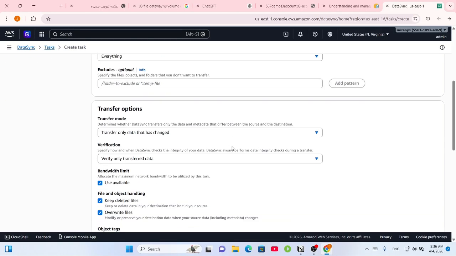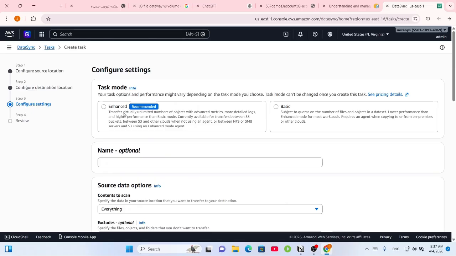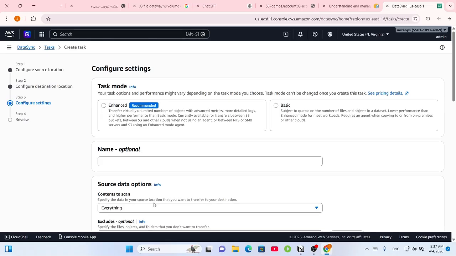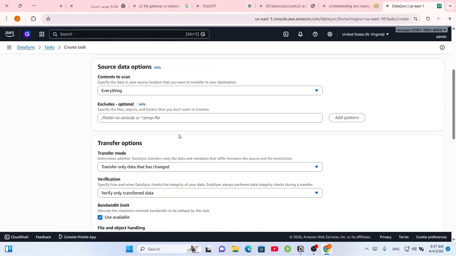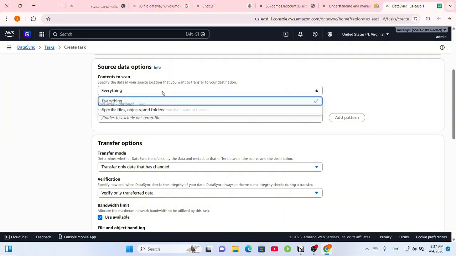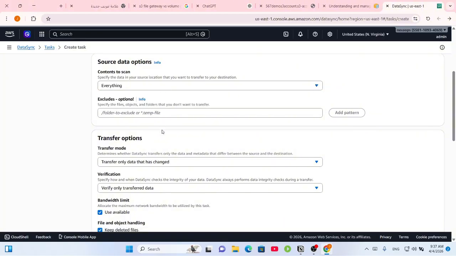You have two options here. You have transfer of virtually unlimited number of objects with advanced metrics, more detailed logs, and higher performance, or basic, which is subject to quota, that's it. You have specified the data, everything I want to transfer there.